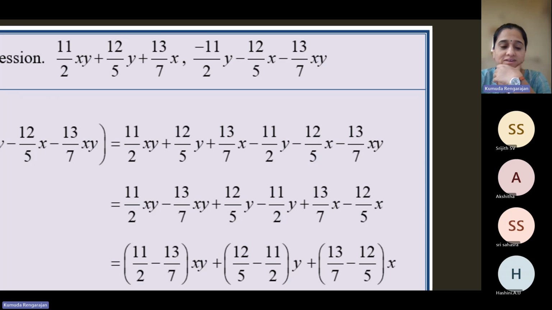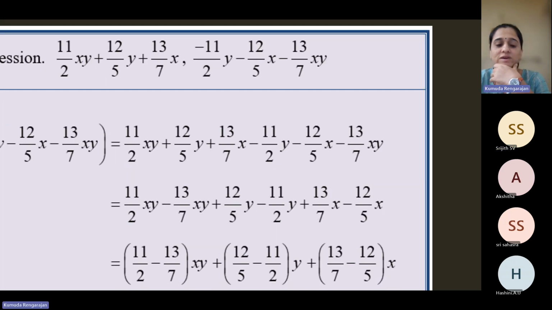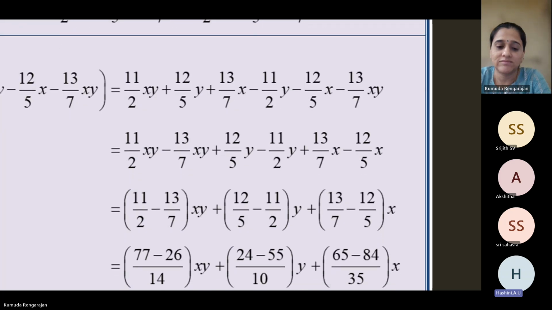Okay, Srijit, tell me what is 11 by 2 minus 13 by 7? What do you get in the next step? Ma'am, next step is 77 minus 26 by 14, ma'am. Very good. Hasini, next one, 12 by 5 minus 11 by 2. What did you get? 24 minus 55 by 10 y. Very good.